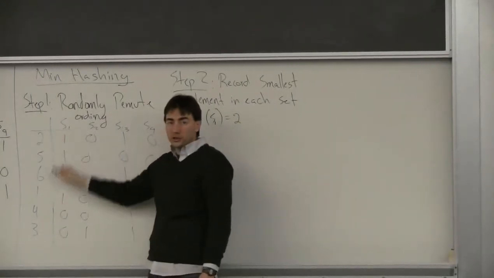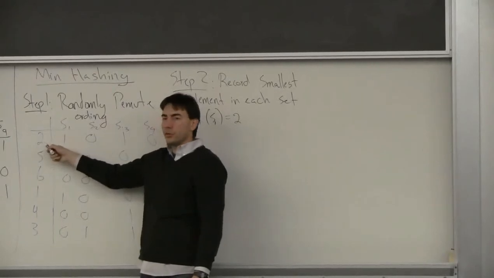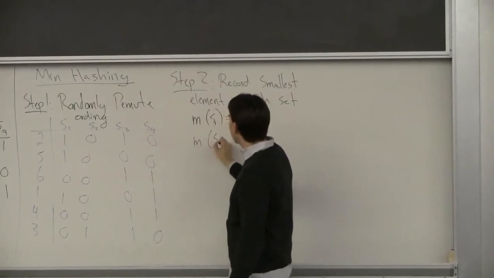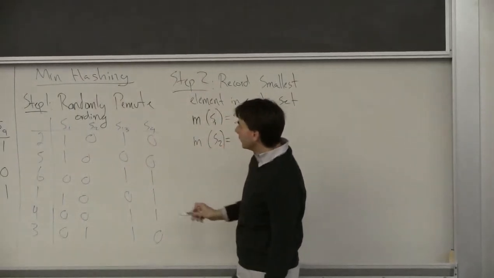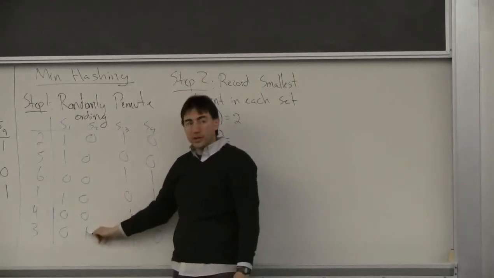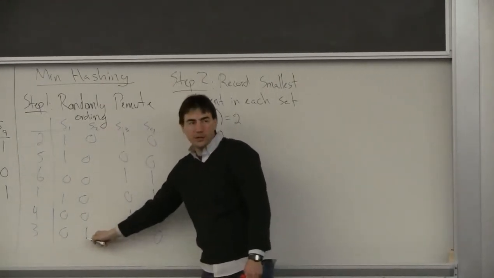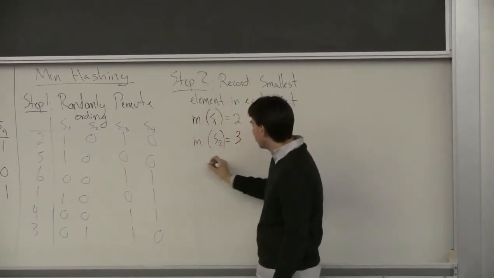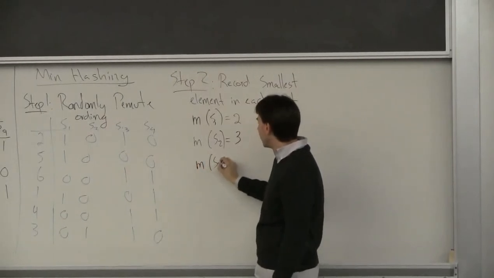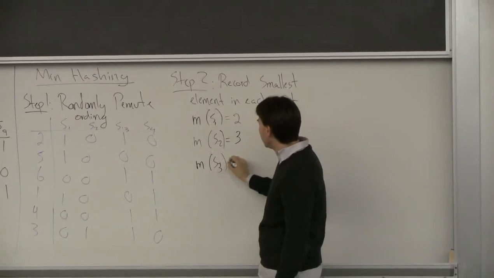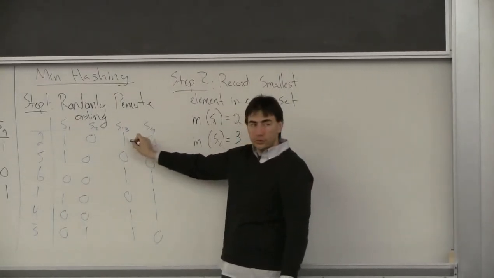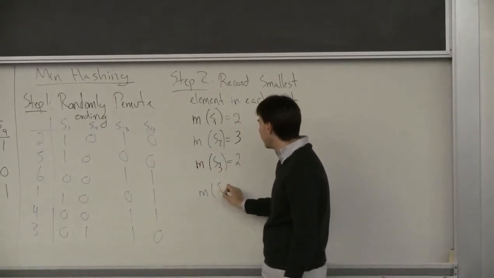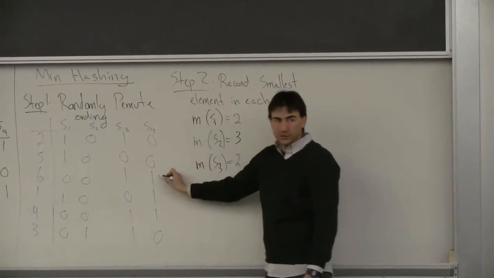According to this new ordering, 2 is the smallest one in the ordering that exists in set 1. M of S2 is going to be 3. All of these elements are empty, 3 is the smallest one. M of S3 is again 2. And M of S4, the highest element here is going to be 6.